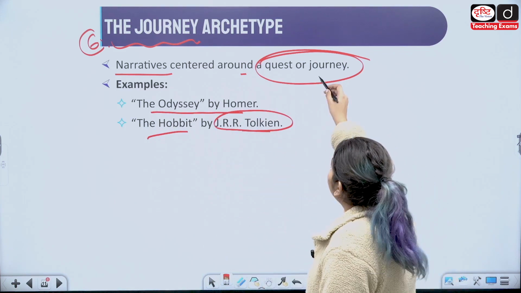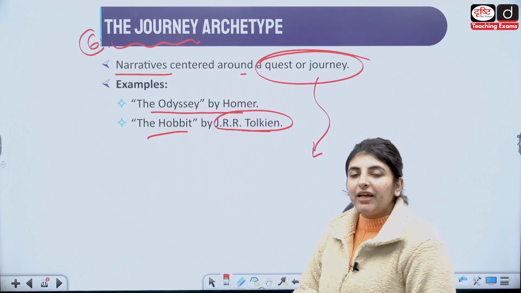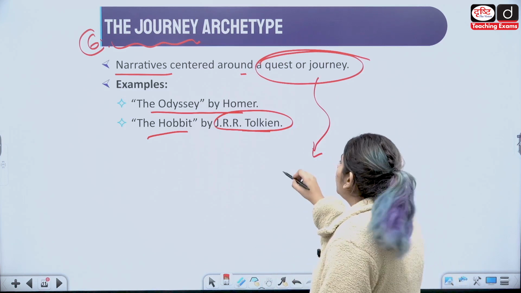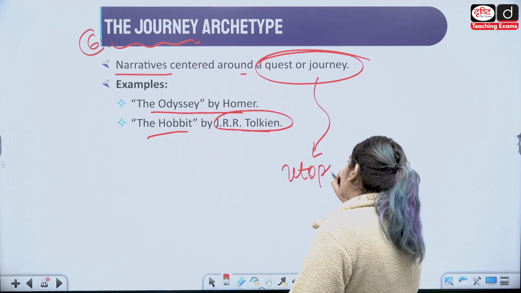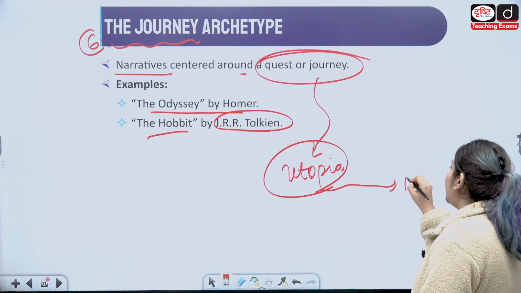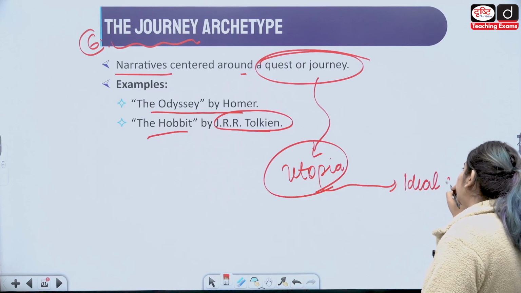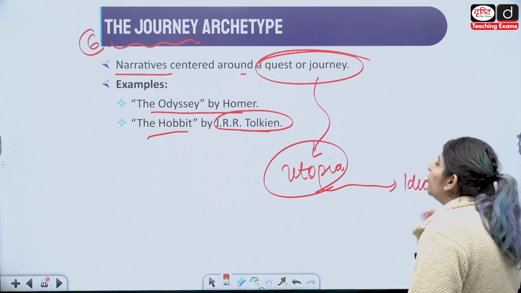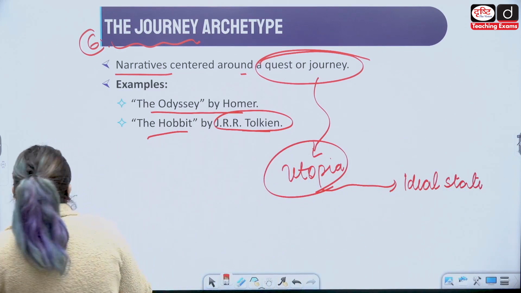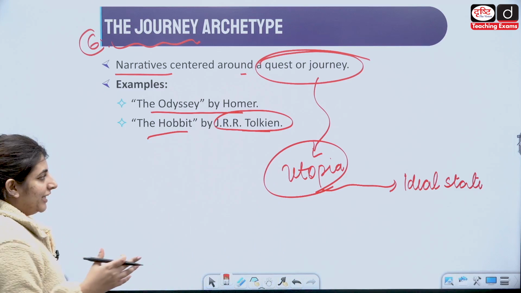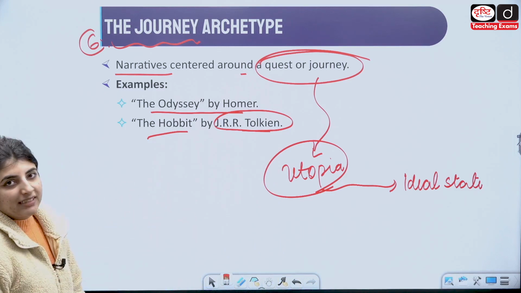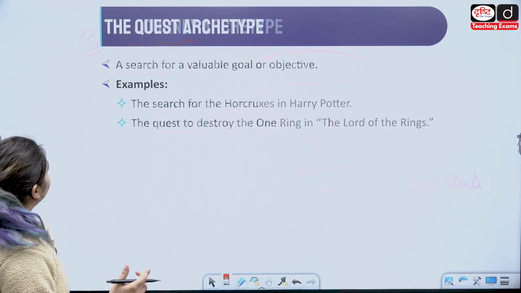They are somewhere or the other trying to tell us what we are trying to find. And in the journey archetype we can also consider Utopia by Thomas More, because there we are trying to find an ideal society, an ideal state which exists nowhere, right? Which exists nowhere. So any sort of journey, through any means, for a quest, for an answer, right?